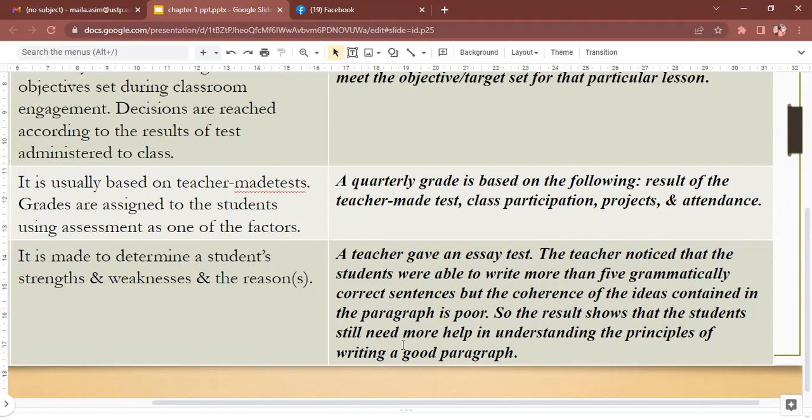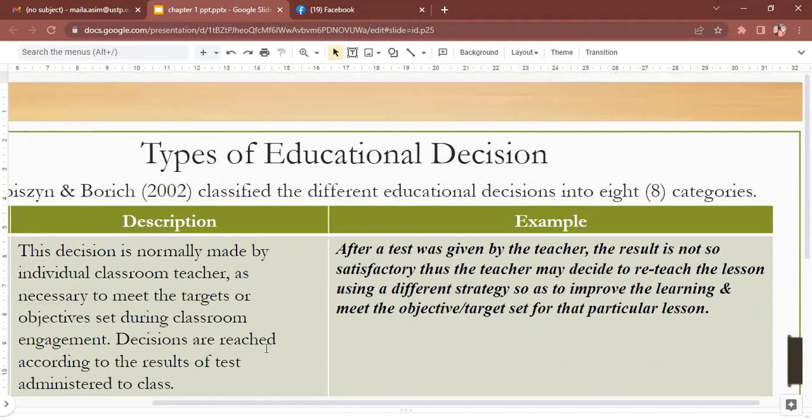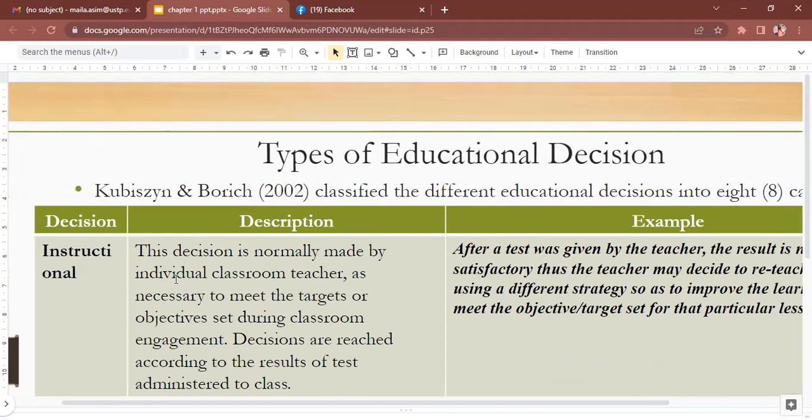So the next thing to do is to make you understand more the ways and the things to be considered in making a batter. So that is, or those are, the first three descriptions or decisions made in education.